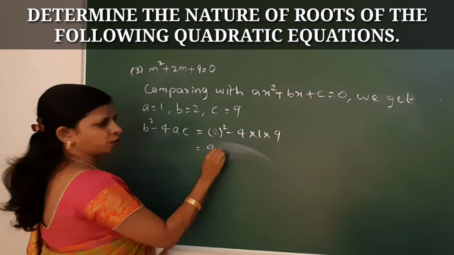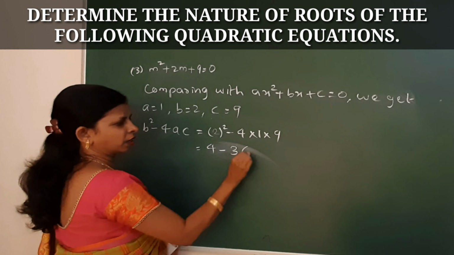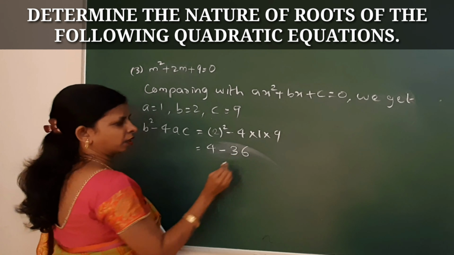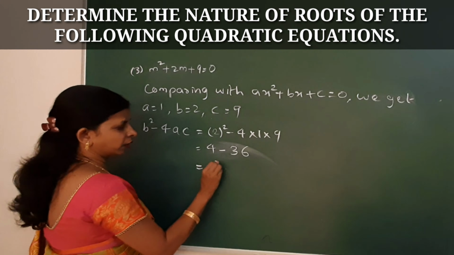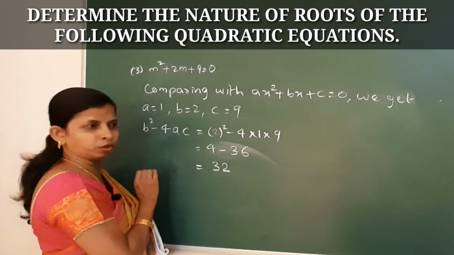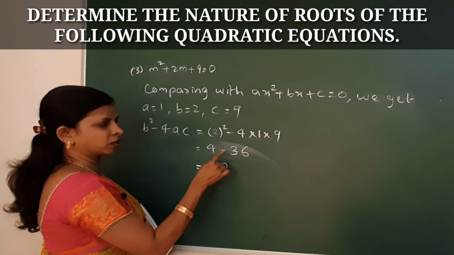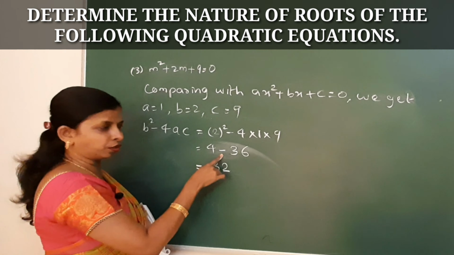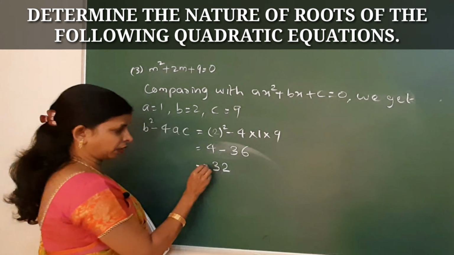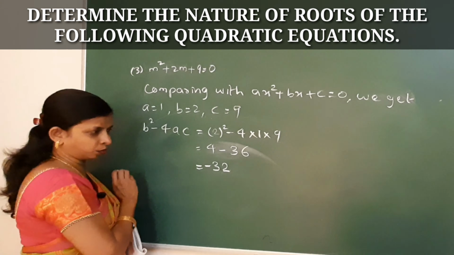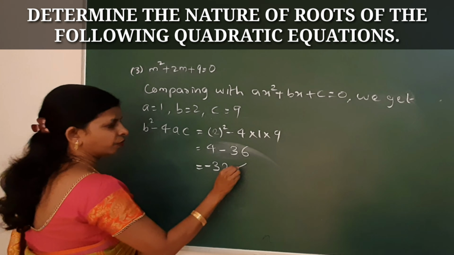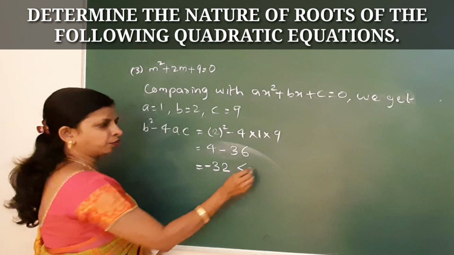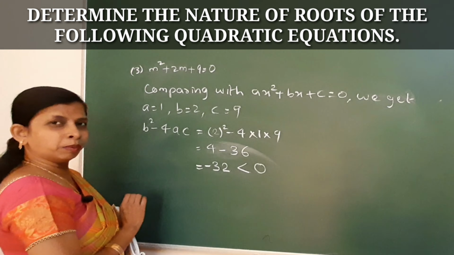So 2 square is 4 minus 9 fours are 36. What will be your value now? Subtract 4 from 36, that will give you 32, which is a greater number, 36. Put the sign in front of the greater number, that is minus 32. So this value, since it is negative, it will be less than 0.